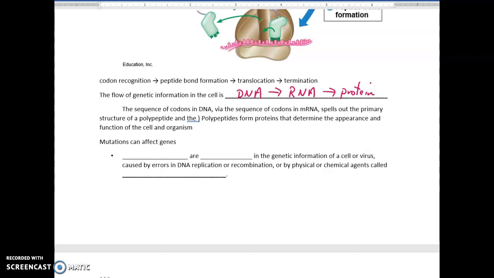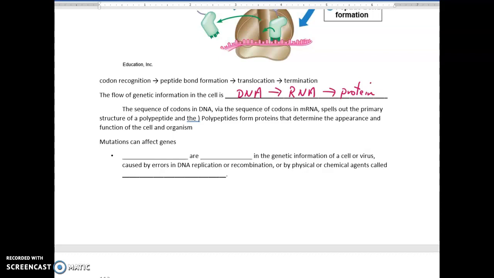The sequence of codons in the DNA, via the sequence of codons in mRNA, spells out a primary structure of a polypeptide. And the polypeptides will form the proteins that determine the appearance and function of the cell and organism.